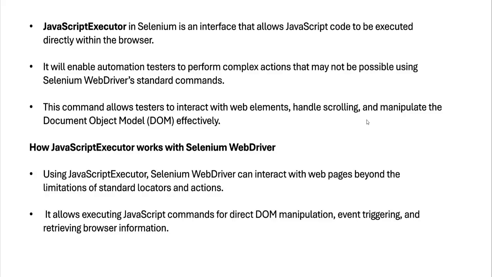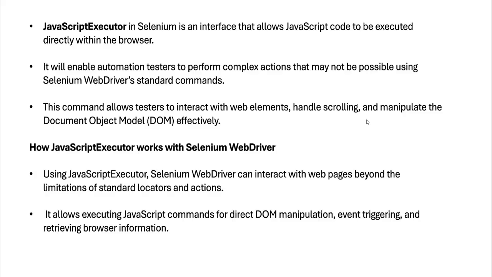But beyond those limitations, we use this JavaScript executor, whose methods are implemented in our Selenium, correct? It allows JavaScript commands to directly manipulate the DOM, the document object model, trigger events, and retrieve browser information. There are many use cases for which we can use the JavaScript executor.